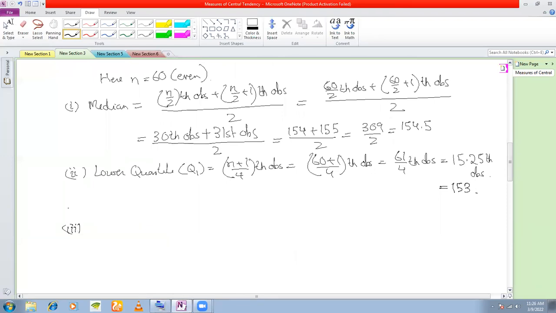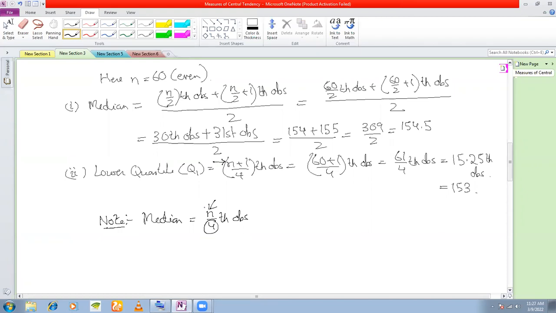Now, sometimes what they do is, in your textbook, what is given here is that they have taken n by 4th observation, right? Now see, because we are dividing the numerator by 4, it hardly matters whether you take n plus 1 by 4th observation or n by 4th observation. Because you're dividing by 4, you will get a decimal number anyway.